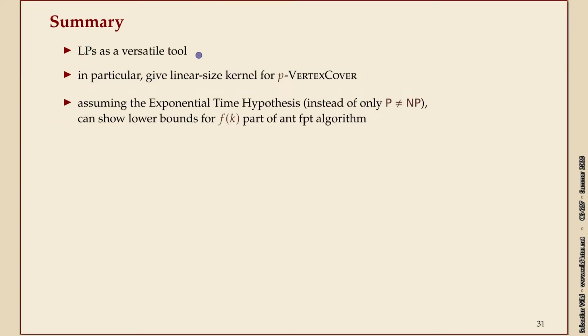A quick wrap up of this unit. We've seen LPs as a versatile tool last week, and we've mostly used it for a better kernel of our vertex cover problem. And then on the negative side, we've seen these reductions from the exponential time hypothesis, where the proofs become very simple as soon as you have the sparsification lemma.